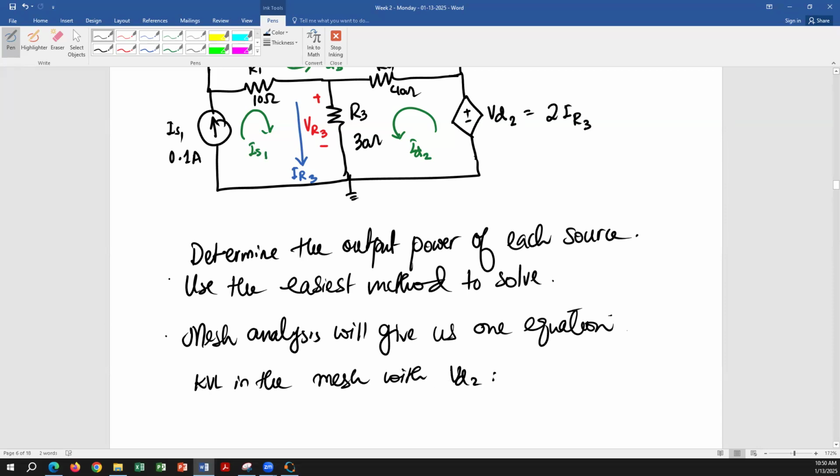So we're going to apply KVL in the mesh with VD2. All right, what will be the KVL equation, or mesh analysis, mesh equation for this mesh or this loop? Who's going to tell me?